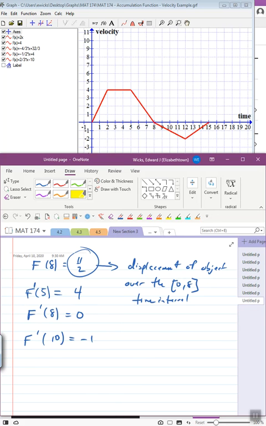Okay, what happened here when you went from 5 to 8 to 10? When you're looking at F prime, here you had a 0 at 8, and then over here at 10, you were negative for your F prime, and over here at 5, you were positive for your F prime.